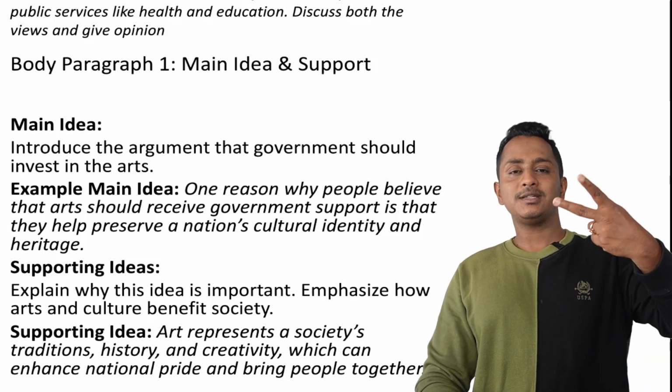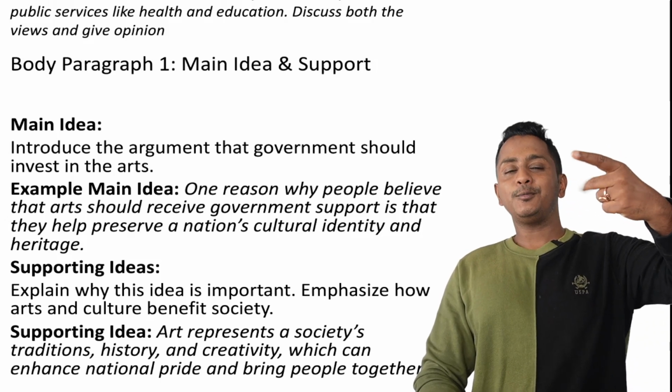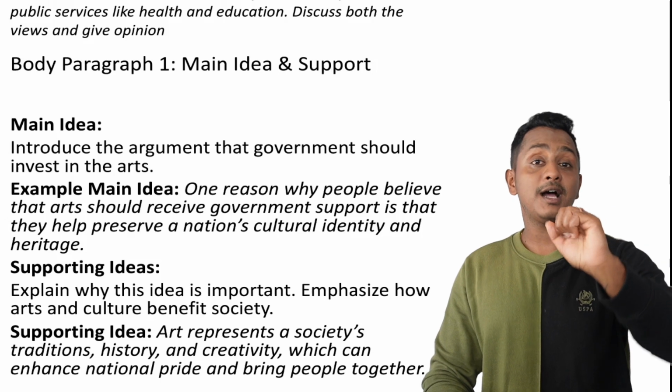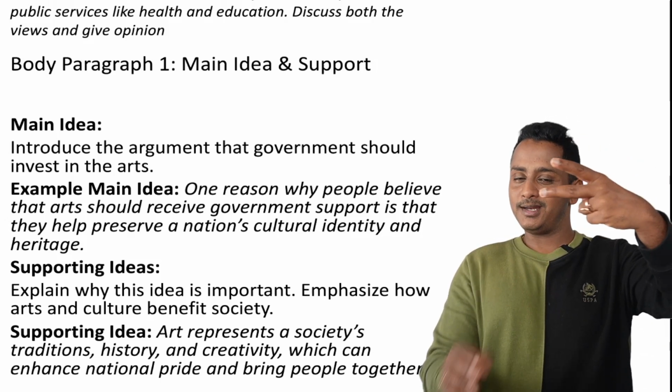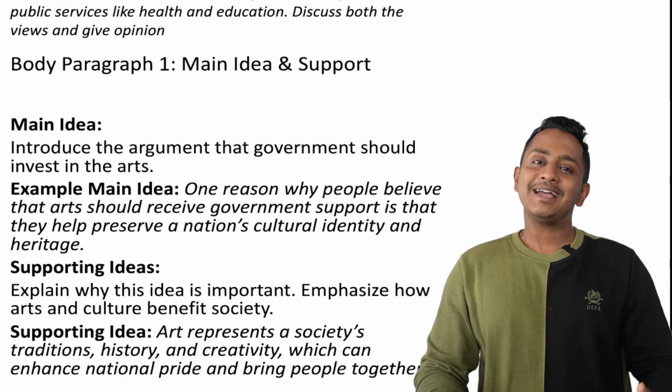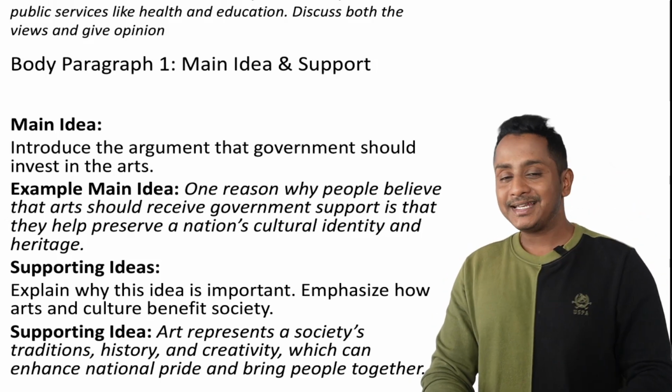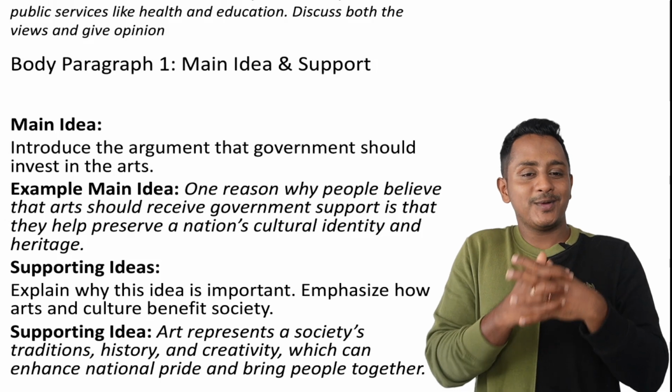So now we finished 2 sentences, main idea and supporting idea. Supporting idea you can write in 1 or 2 sentences, it's up to you. Now after that, you need to talk about an example that reflects cultural identity, heritage, bringing people together, national pride.